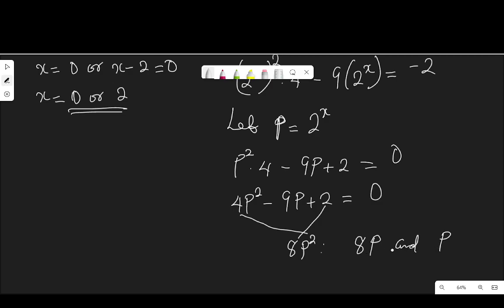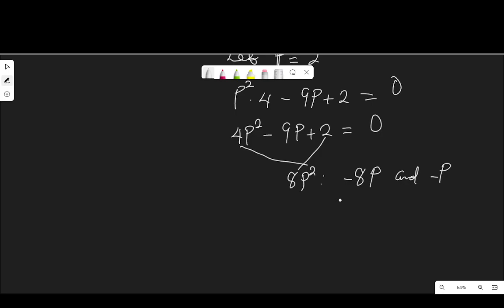Since 8 and 1 are factors of 8, the only pair that we can add to get 9 is 8 itself and 1. And now we are looking for negative 9p, so it has to be negative and negative here too. So that now we arrive at the factors.